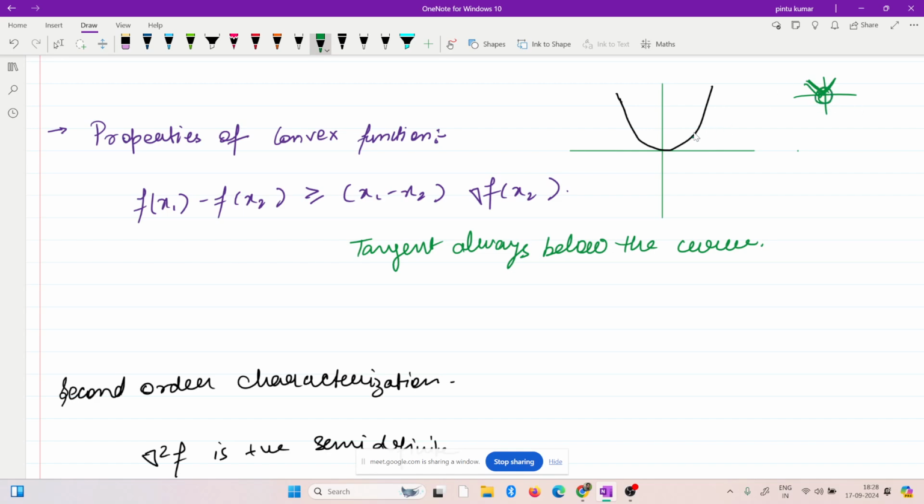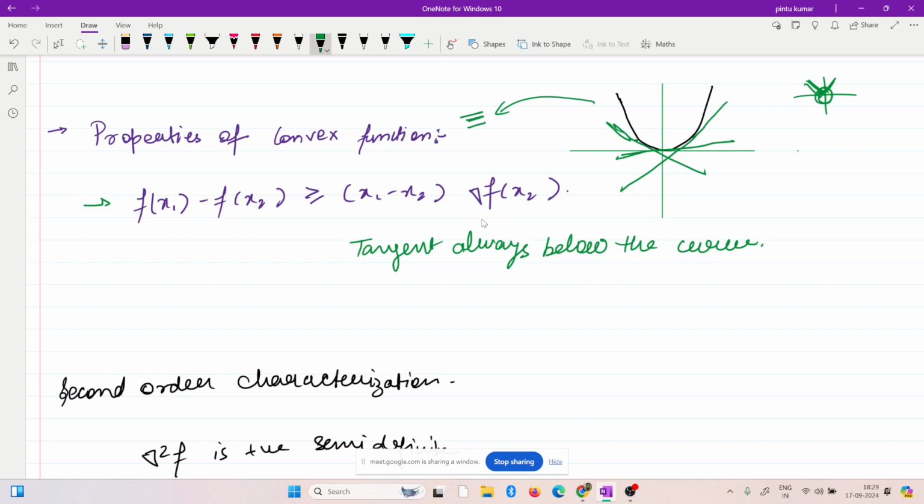So for the points where the tangent is defined, if you draw a tangent, your function will always lie above the tangent. No matter where you draw your tangent, you will clearly see that at any point, your function will always lie above that tangent. This is also an equivalent definition, or a property, for a convex function. And this is how you mathematically write it.